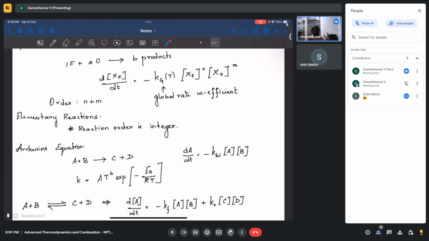So if the temperature is high, the kinetic energy is high, so a lot of collisions will happen. A lot of collisions means reactions will happen. That is why it depends on temperature, right?